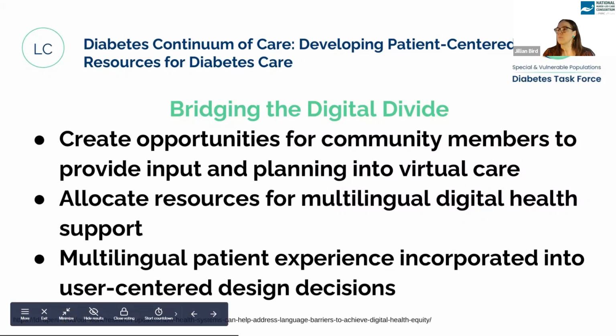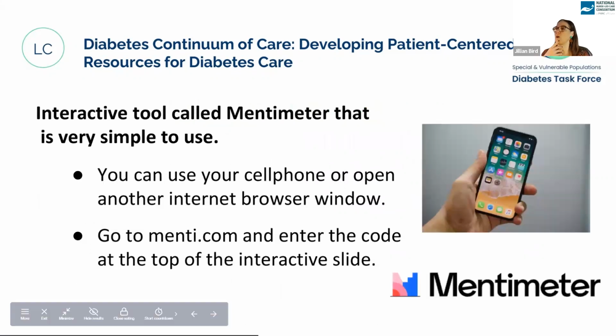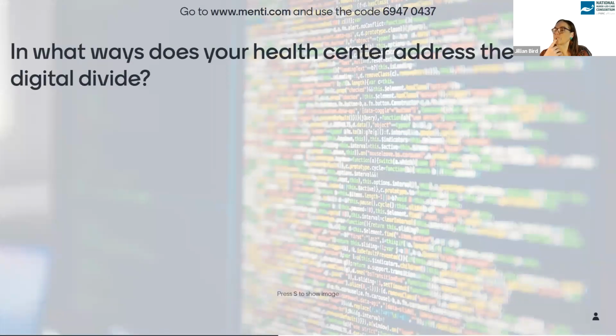Okay, so it looks like Mentimeter is coming up, but maybe they're all together. So let's go on to the next slide. Okay, great. So we want to go to menti.com on your phone or on your browser.